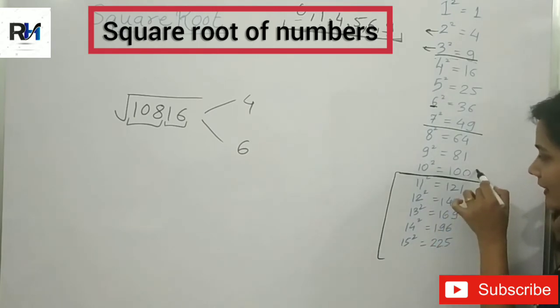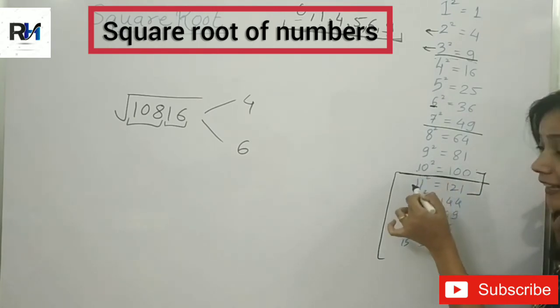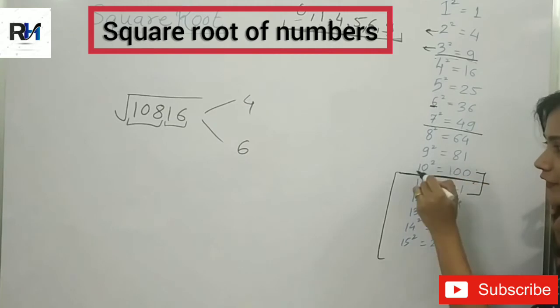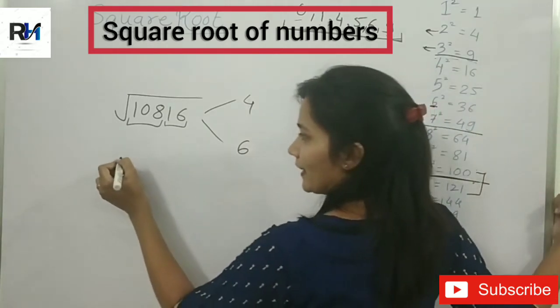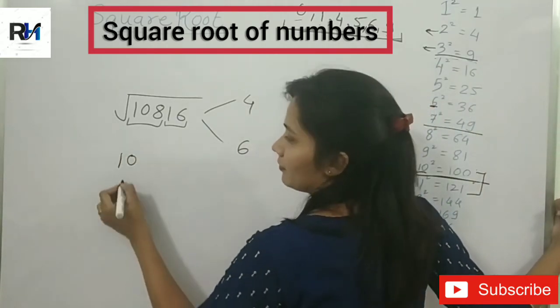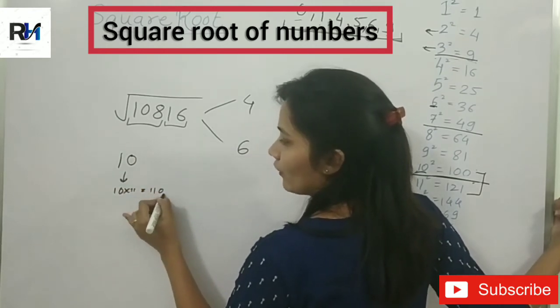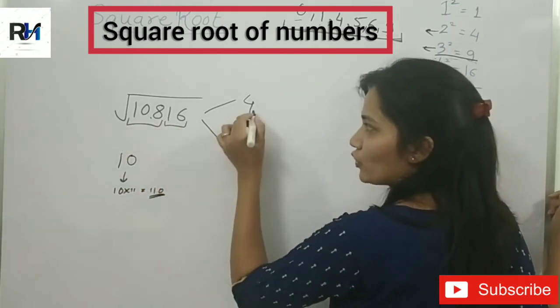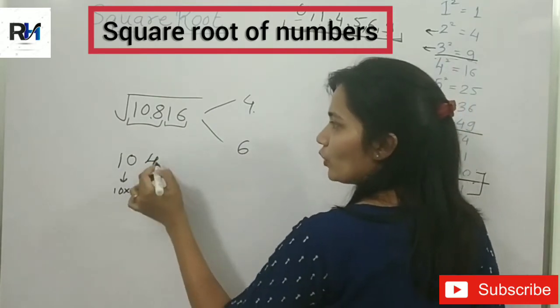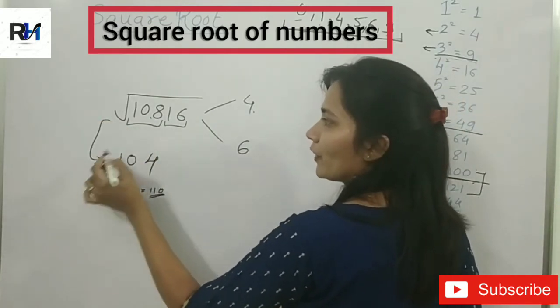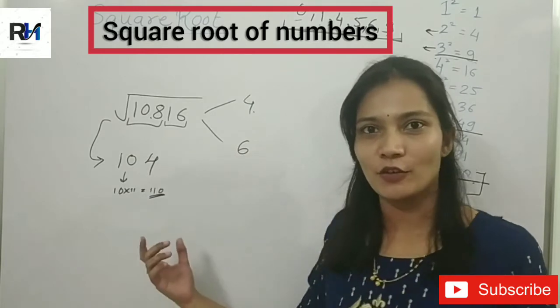The number 108 comes between 10 and 11. We will take the smaller number, that is 10. Now 10 into 11 is 110, which is greater than 108. So we will take 4. So the square root of 10816 is 104.